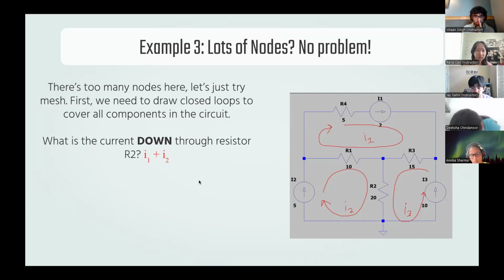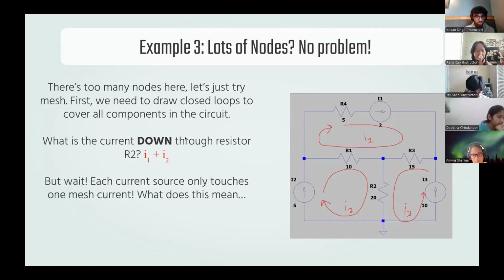I don't know why the answer says that. That's my bad. Should be 2 plus 3. Sorry. And it's 2 plus 3, not 2 minus 3, because you can see both these currents would be going down the resistor, and we're trying to find the current down the resistor. And in our last example, we had them going the same way, so the current was going down here and up here, which is why we subtracted them.